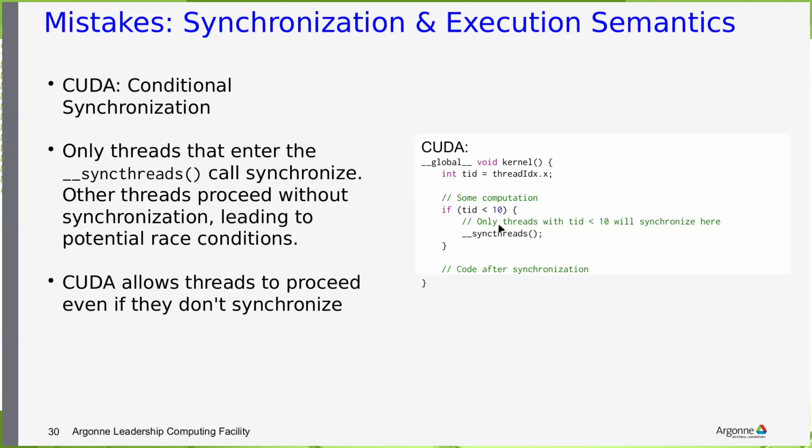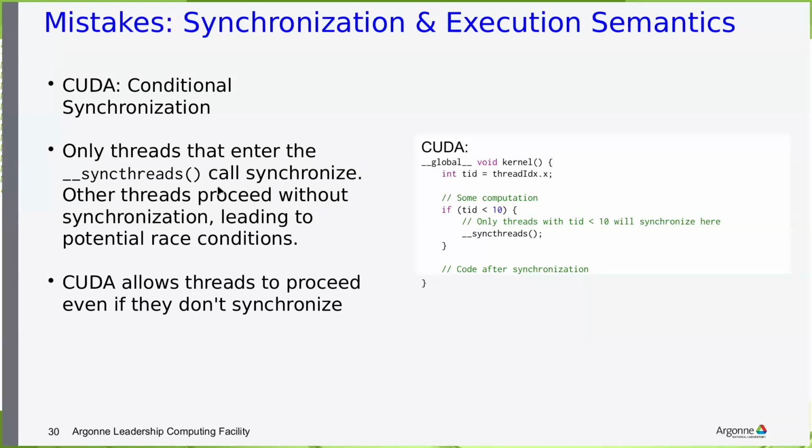Only part of the threads would do a synchronization. As I was saying, CUDA has a concept of warp, so 32 threads exist for this particular logic. Only threads with IDs less than 10 would do a synchronization. The rest of the threads would just go to the next piece of code.